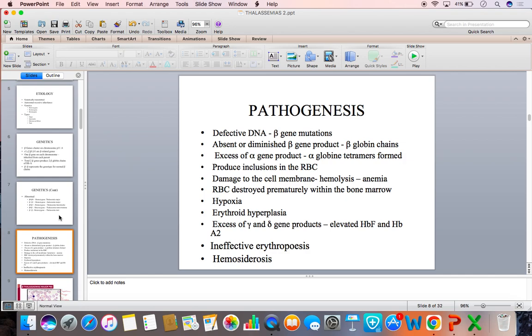There are two genes for gamma globin chain and one gene for beta globin chain. So the individual inherits this one gene from each parent that controls the synthesis of beta globin. If there is a mutation in the gene, there is reduced synthesis of beta globin chain, thereby resulting in thalassemia.